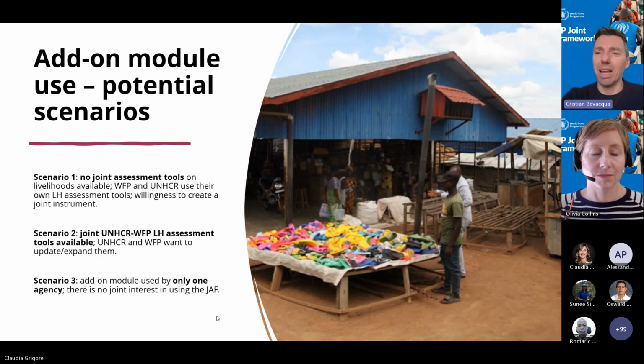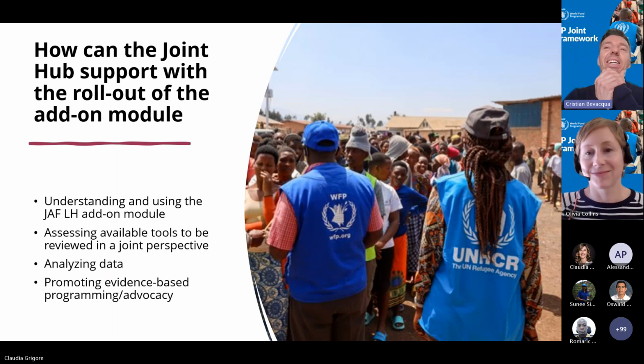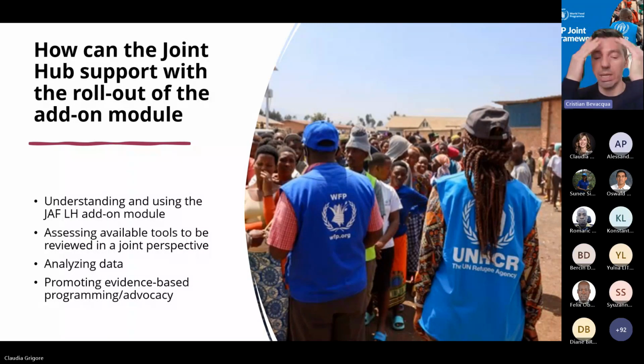And then a last slide from my side. As I said before, there is a lot of information, so we need to digest a lot. I think as a Joint Hub, we can play a role supporting country offices in understanding, rolling out, and implementing the add-on module.